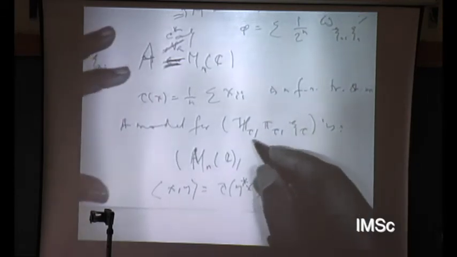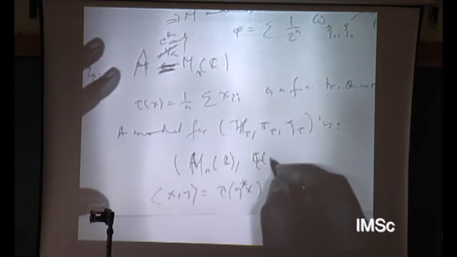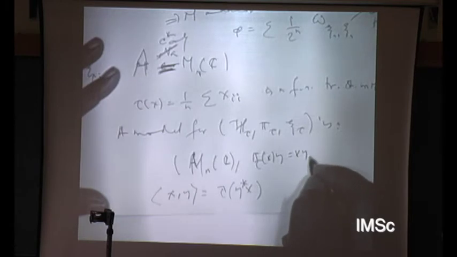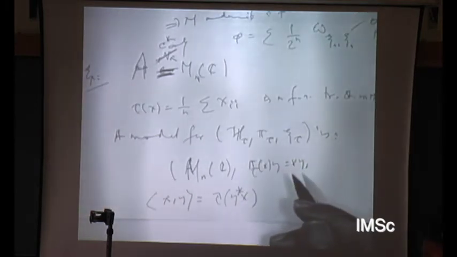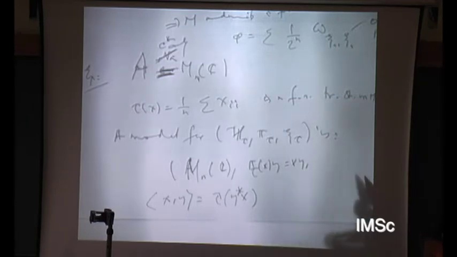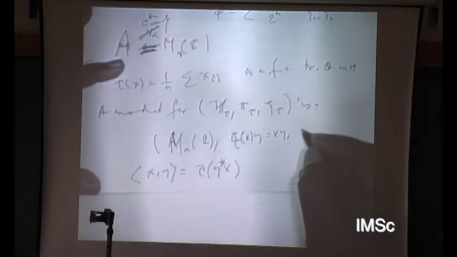It is just pi_tau(x)(y) is just xy. They just left multiplication by x. And psi_tau is identity.